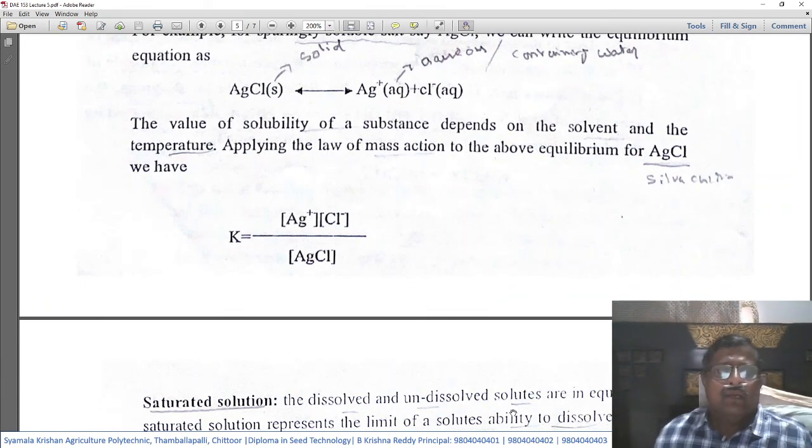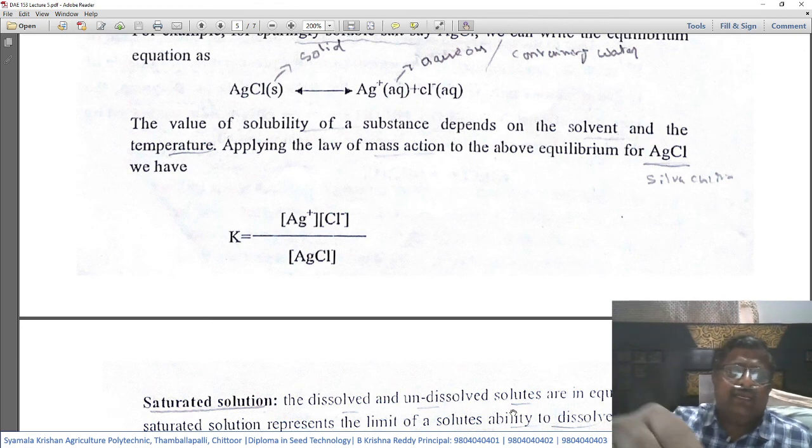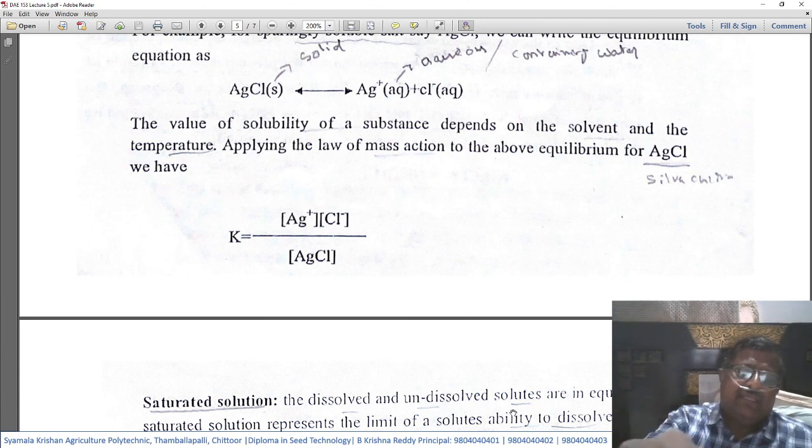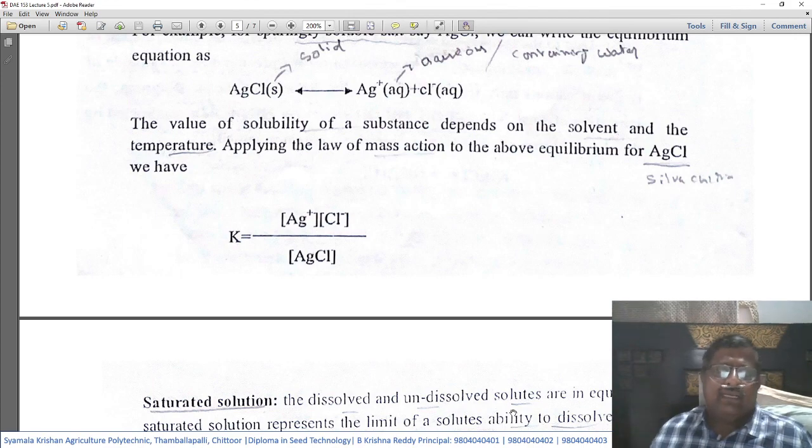These are the two ions, Ag+ and Cl-, and AgCl is the non-dissociated silver chloride. Here the silver chloride gets dissociated into cations and anions, namely silver ions and chloride ions.